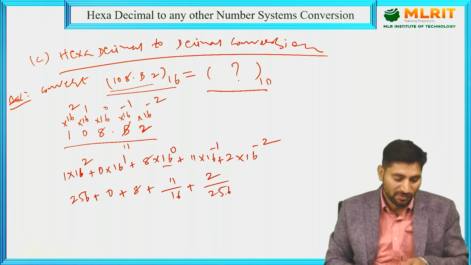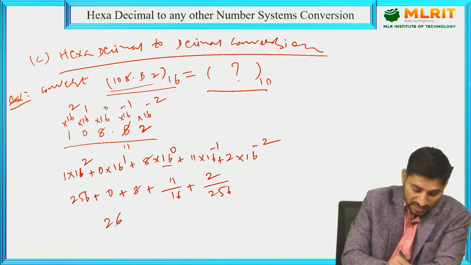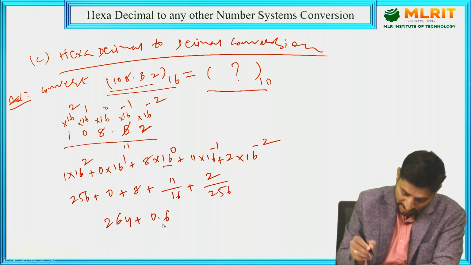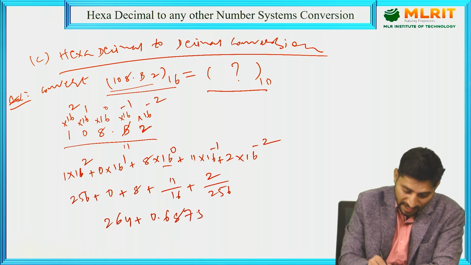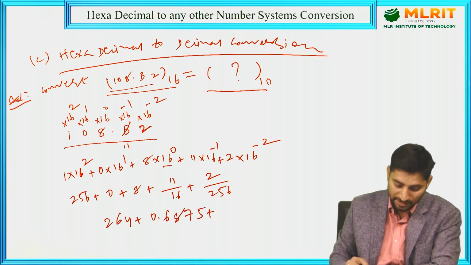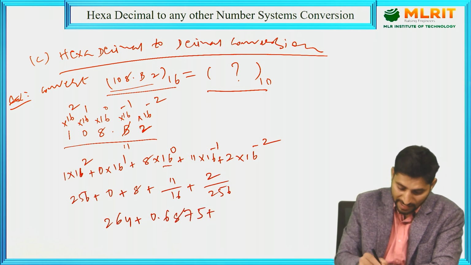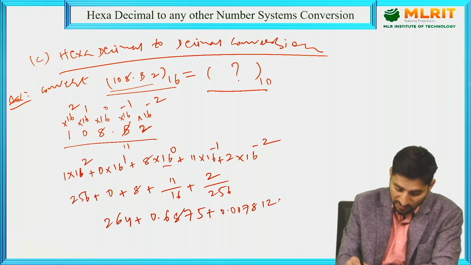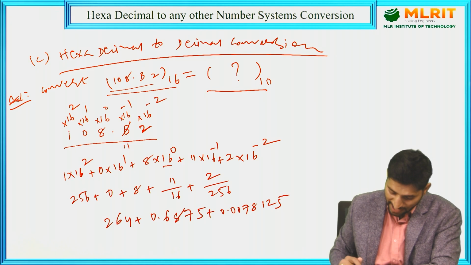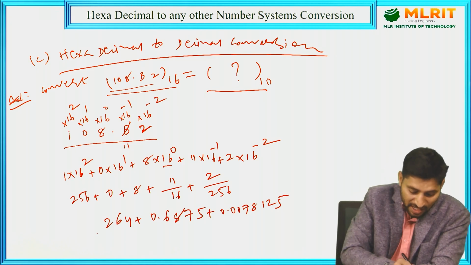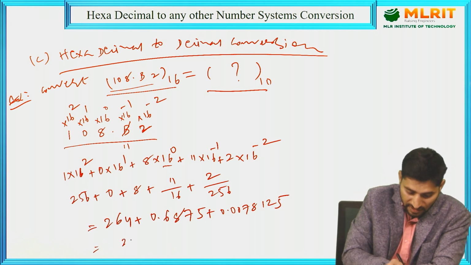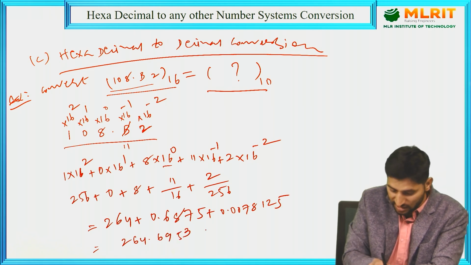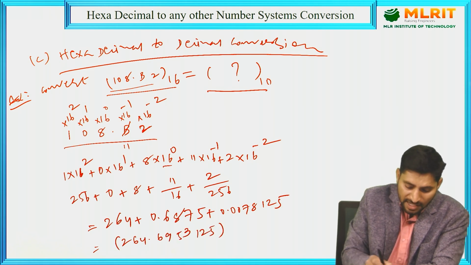So the equivalent here is 264, plus 11 by 16 is 0.6875, plus 2 by 256 is 0.0078125. So let me add this quantity, which will give 264.6953125 in decimal.